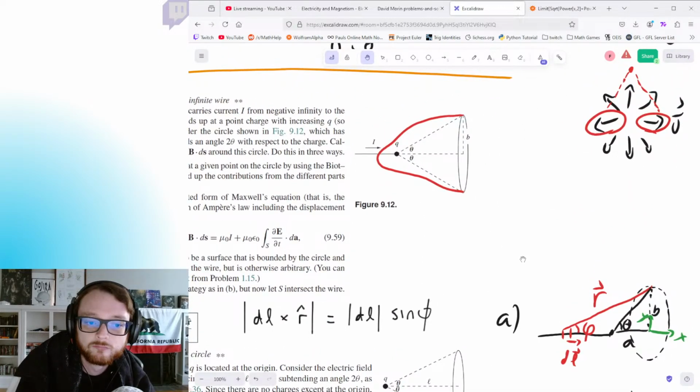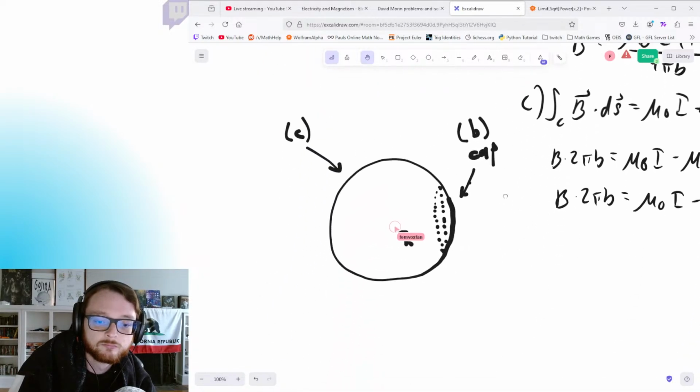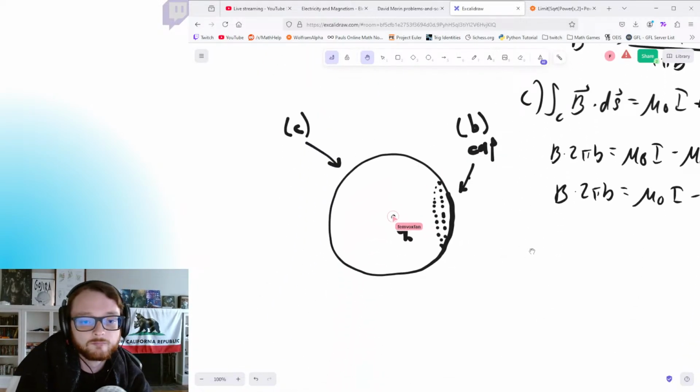Oh, Q is supposed to be the center of that sphere. Sorry. Yeah, we want Q at the center.